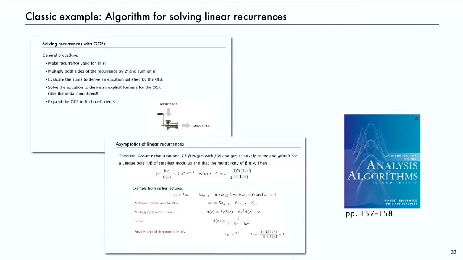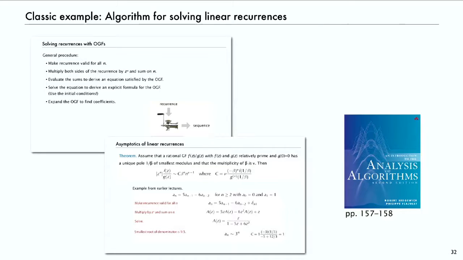That equation, if the recurrence is linear, if the coefficients are constant, is going to be rational. It's going to be a ratio of 2 polynomials. So then this theorem that extracts the coefficients from a rational function is going to solve the recurrence.